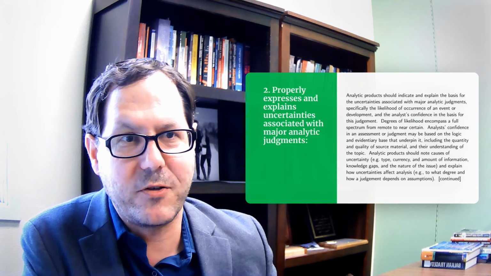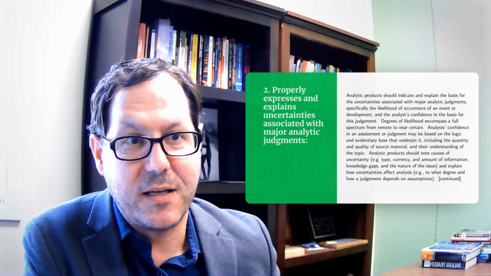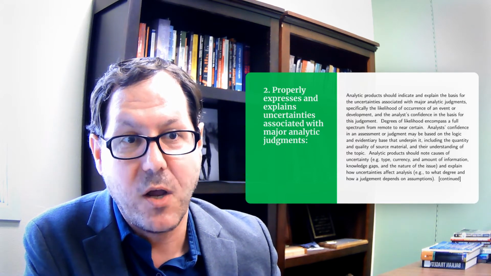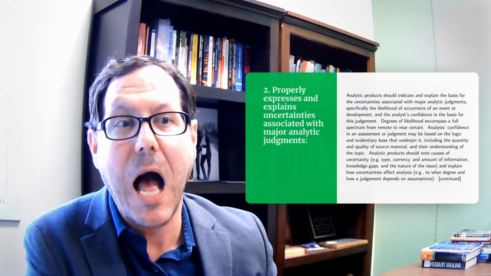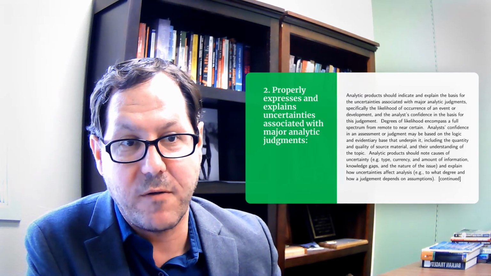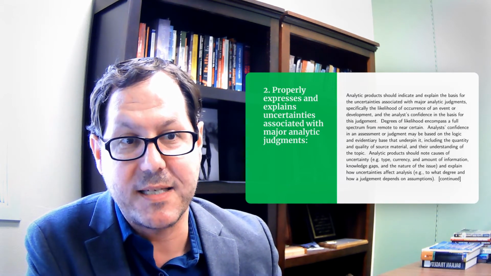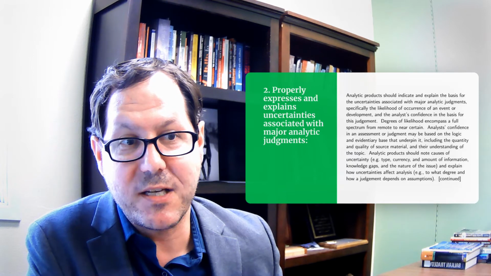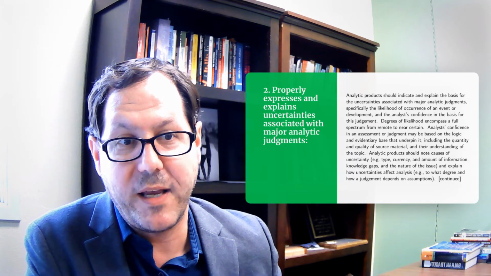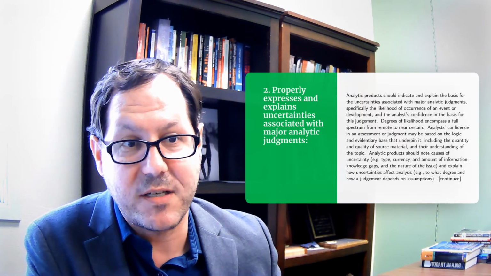Analytic products should indicate and explain the basis for uncertainties associated with major analytic judgments, specifically the likelihood of occurrence of an event or development and the analyst's confidence in the basis for this judgment. Degrees of likelihood encompass a full spectrum from remote to near certain. Analysts' confidence in an assessment or judgment may be based on the logic and evidentiary base that underpin it, including the quality and quantity of source material and their understanding of the topic.